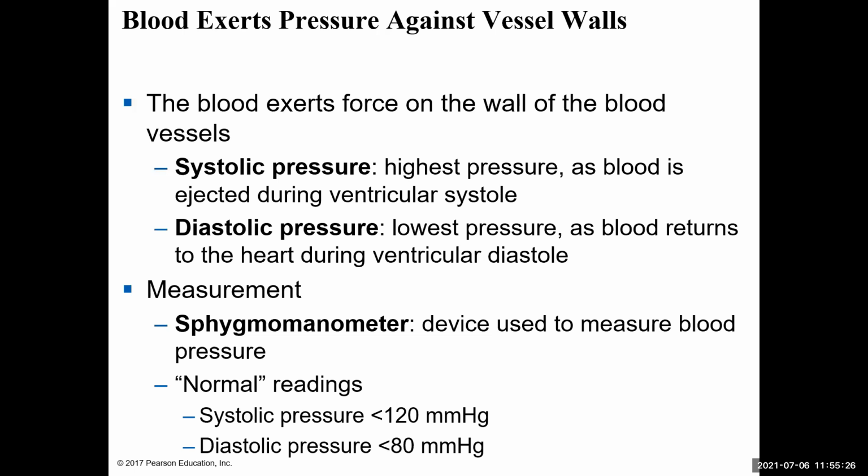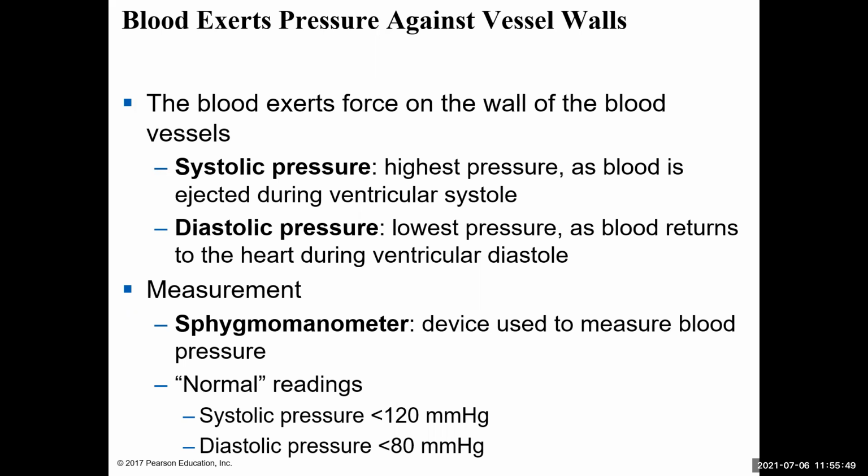And so next, what we're going to get into is how we can measure blood pressure and basically what blood pressure is. As we mentioned, the ventricles will contract and push the blood out of the heart into the arteries.